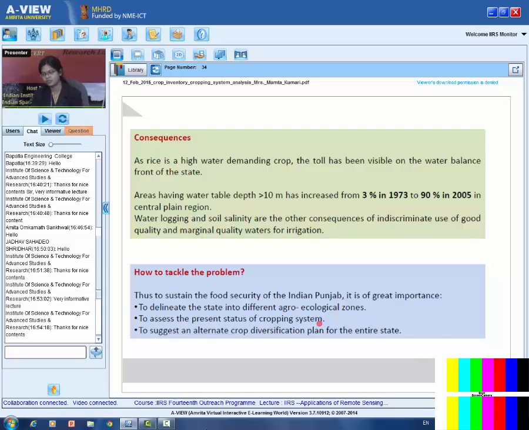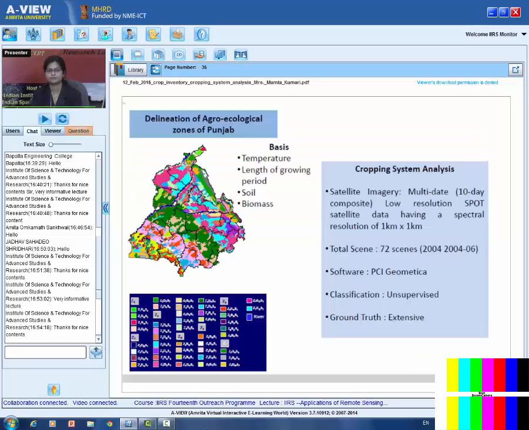We need not generate two crop inventories and do logical integration. Then third, by expert knowledge on the basis of existing soil condition and existing agroecological zones, some alternate crop diversification plan for the entire state has to be proposed.